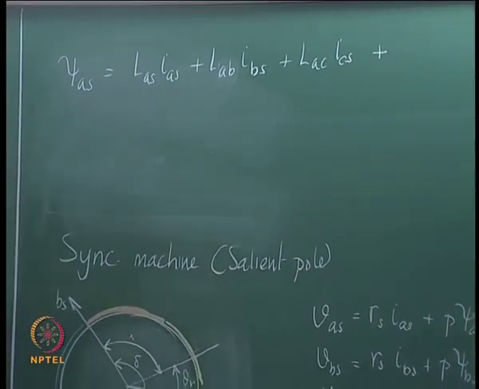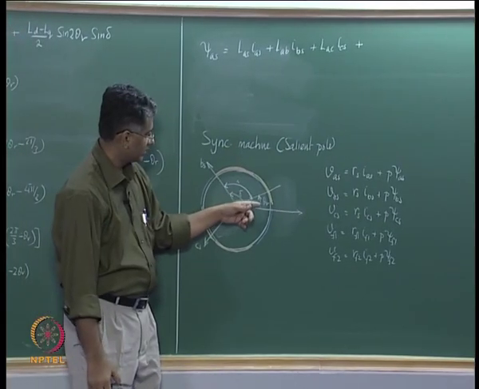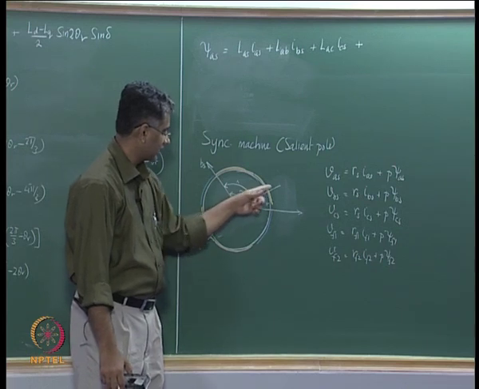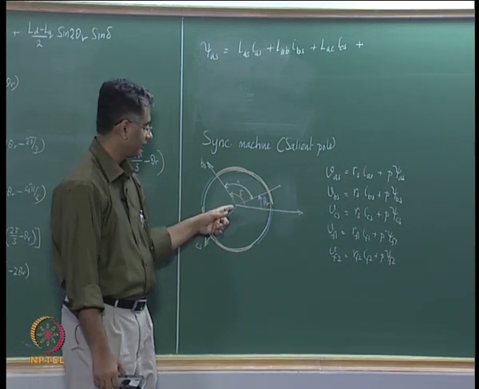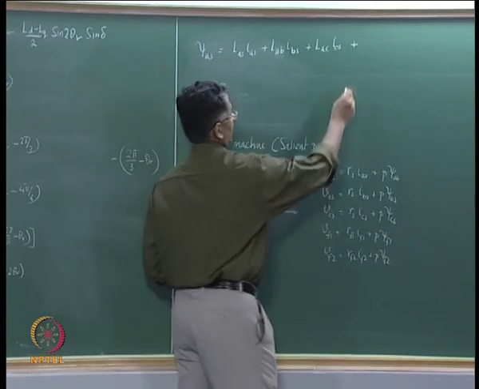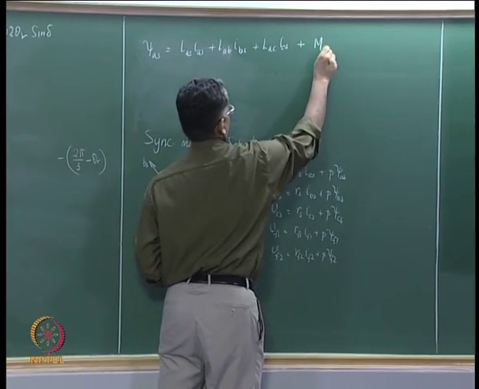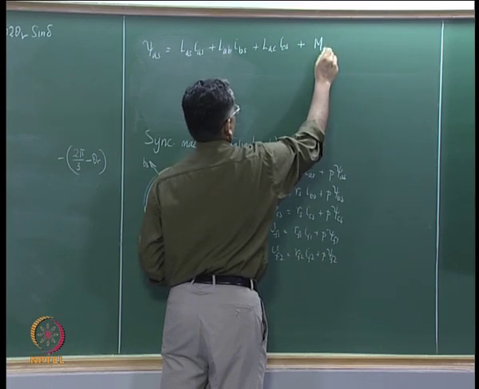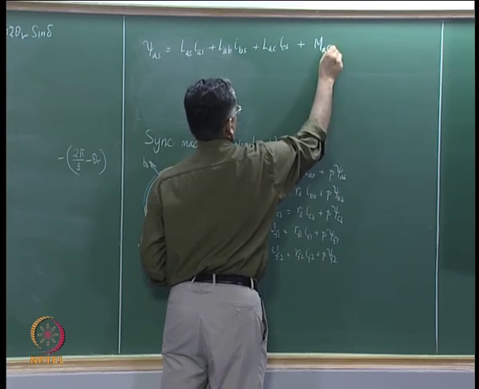one that would describe the mutual inductance between that of the A phase coil and the coil acting along the axis of the rotor, that can be described as a maximum value of mutual inductance. We will call it as MAF1.